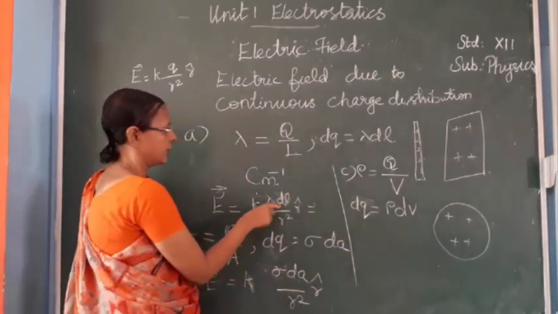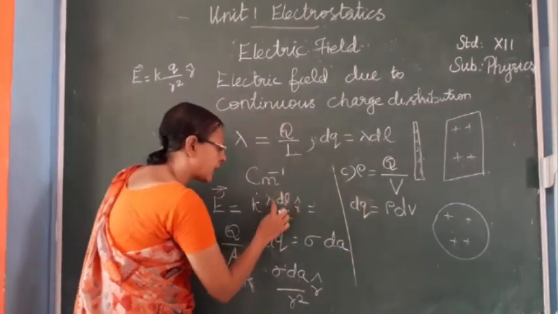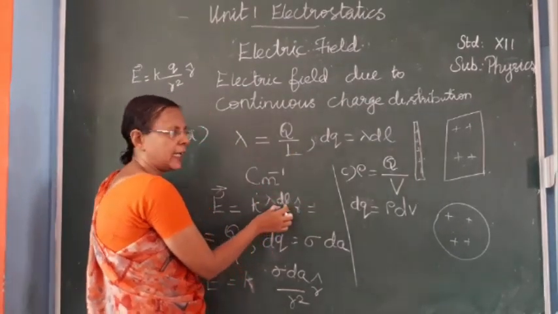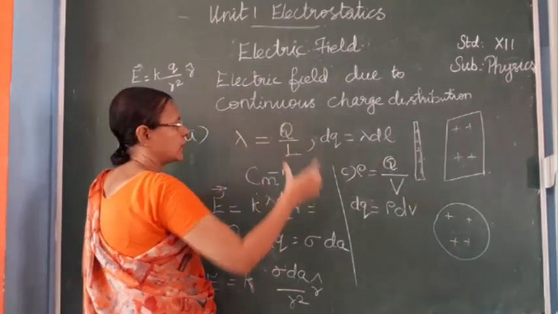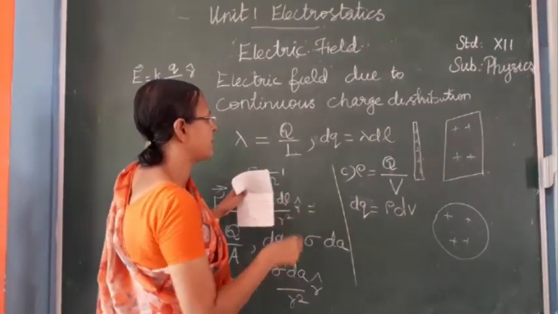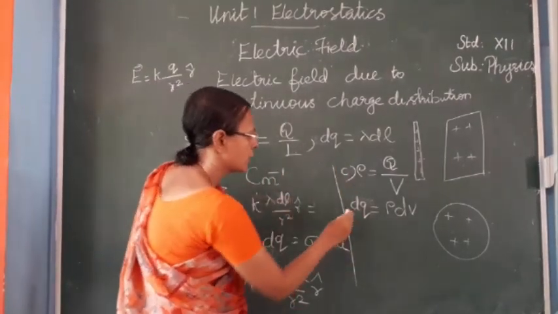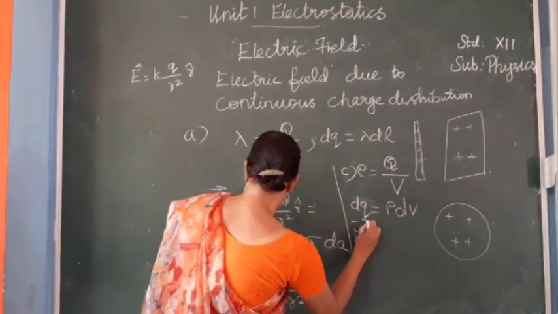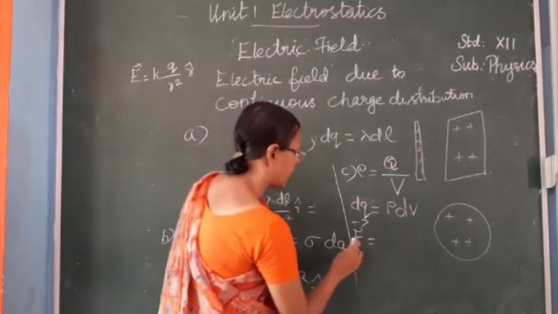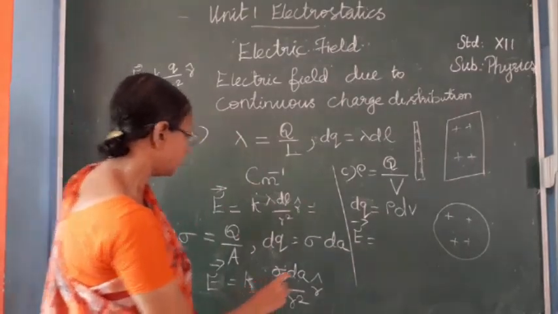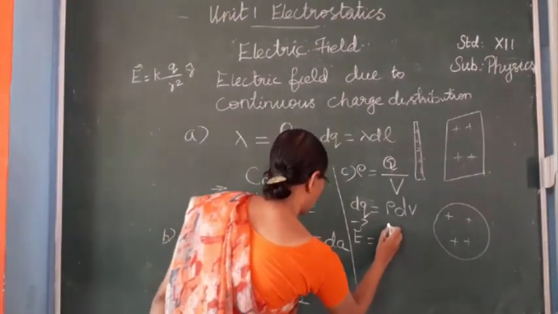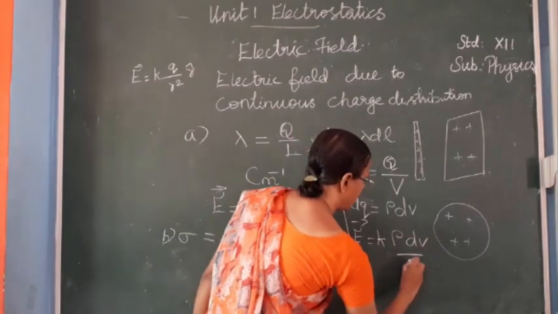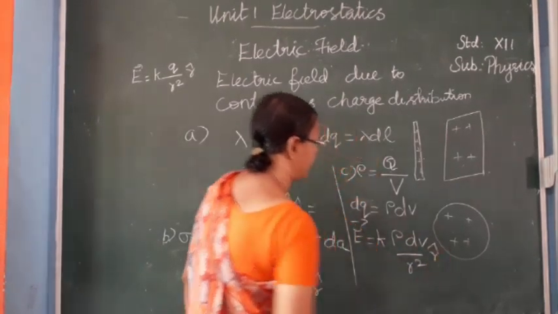Here L is capital L, but we are taking a small part, that's why we have written dl. This capital Q is also bigger for one system, but we are taking a small element, so dq. So here we can write E vector is equal to K rho dv by R square R cap.